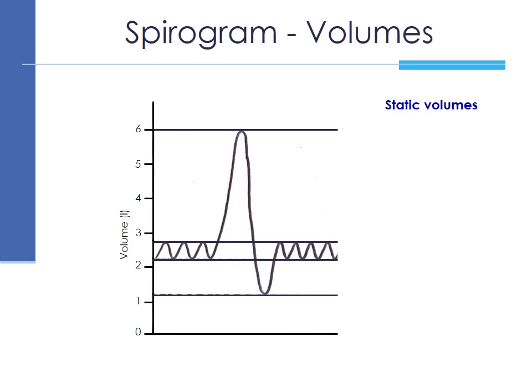So now we'll take a closer look at the different volumes that can be measured with a spirogram. If we think back to the maneuver that was explained to the patient in order to obtain the spirogram, the first instruction was that they needed to breathe normally. So they needed to perform normal inhalations and exhalations.